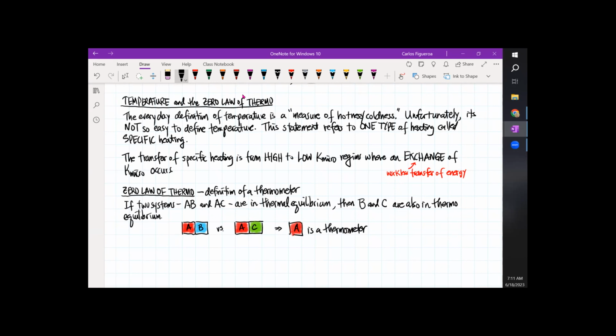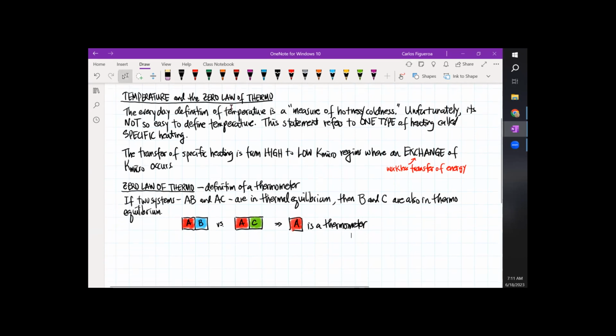It's a material that tells us that they're in thermal equilibrium.